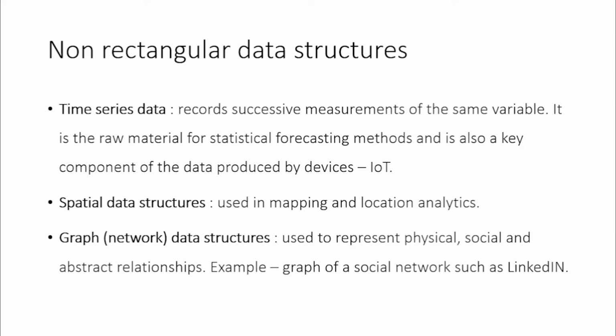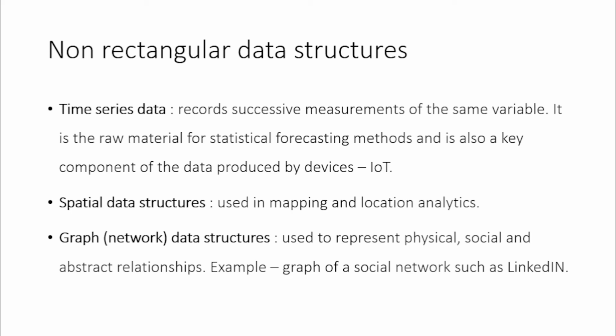Next we have spatial data structures. Spatial data structures are used in mapping and location analytics and are more complex and varied than rectangular data structures. In the object representation, the focus of the data is an object, for example a house, and its spatial coordinates, for example the latitude and longitude. Next we have graph or network data structures.